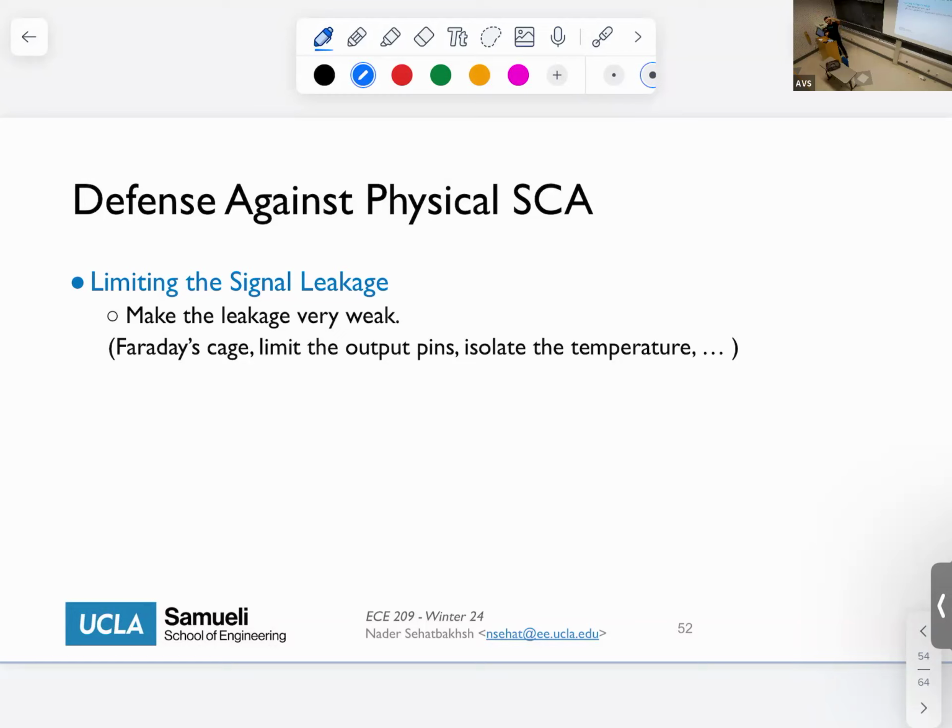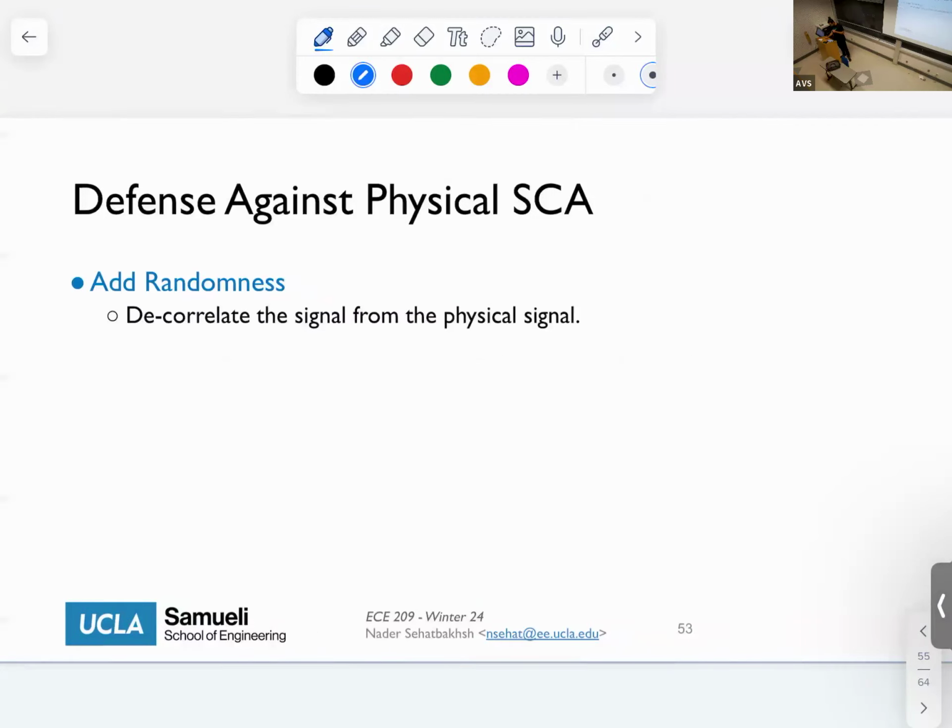If someone is trying to measure a particular pin in your device, and you protect all your pins and don't expose them, then your system is, of course, secure against that. And for others, for example, if they're measuring temperature, if you do some form of isolation in general, then your system will be secure.